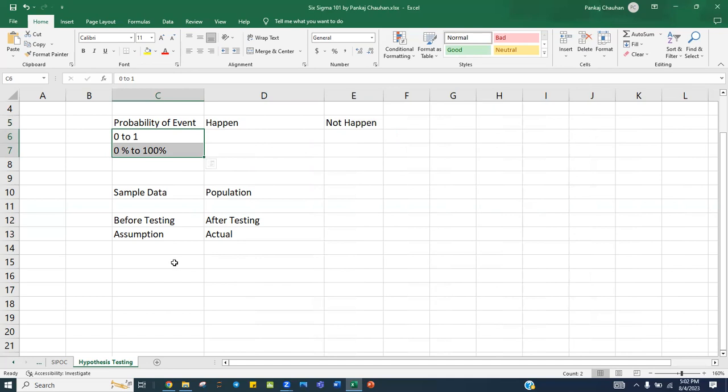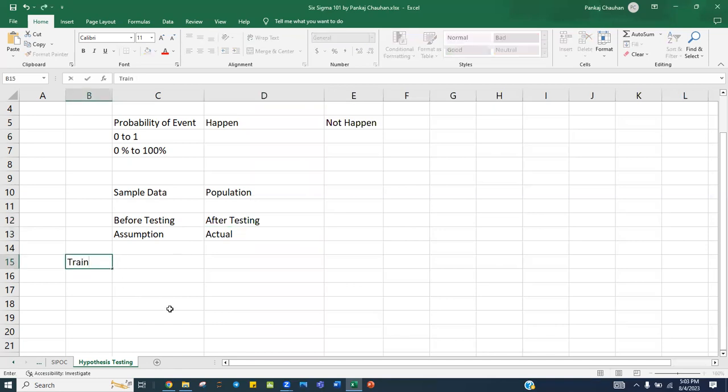So when you are making an assumption and doing the testing, after testing you get the actual result. Suppose you have a target, as you got a new production machine, or you are setting up a new process, or there are new recruits, and you are making the assumption. Suppose this is a training you gave them, or machine maintenance you have done.